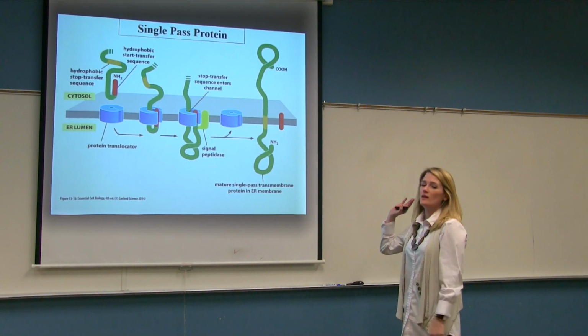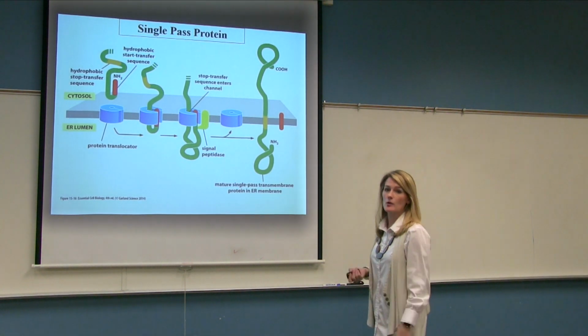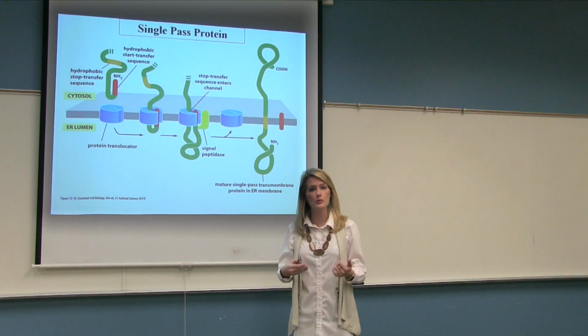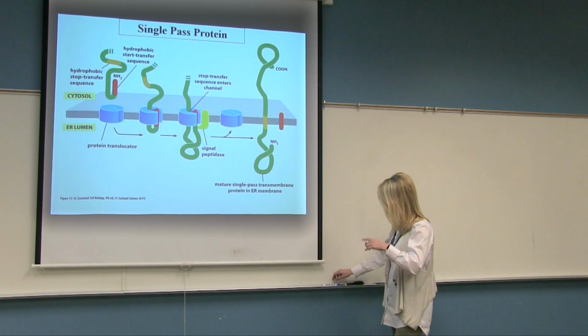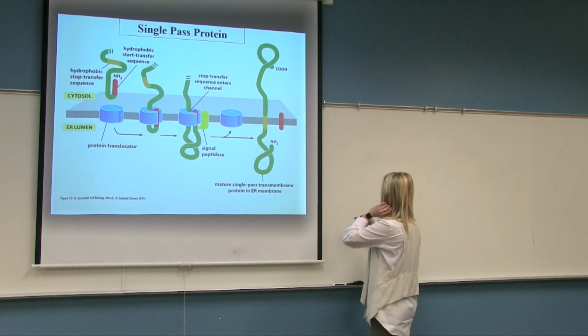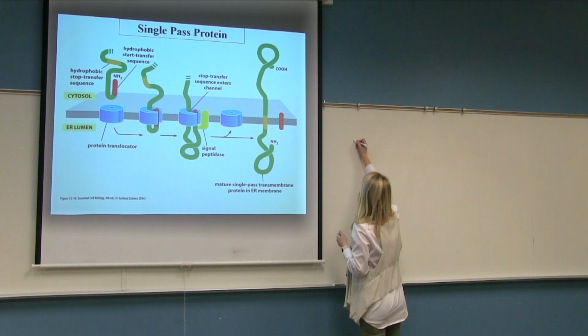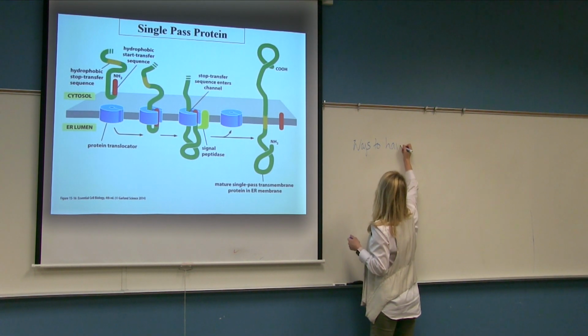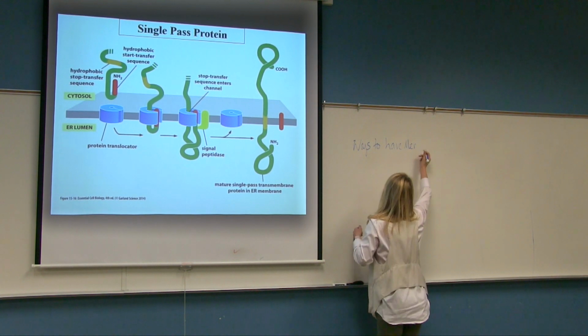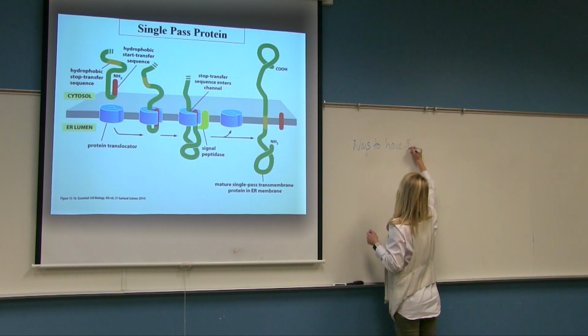So, we had left off last class talking about different types of ways that we can get proteins into different locations inside the cell. So again, let's go back. Let's remember this, right?